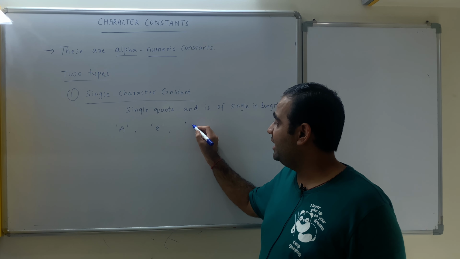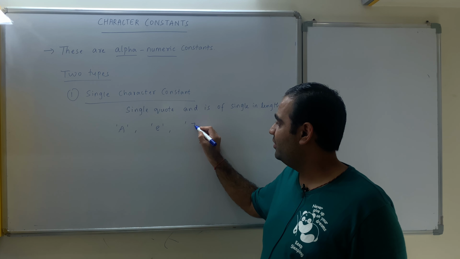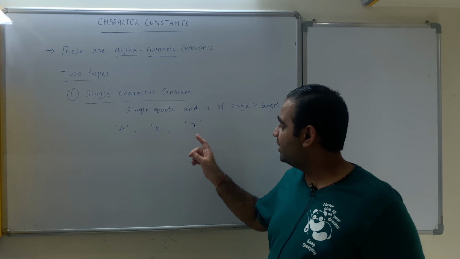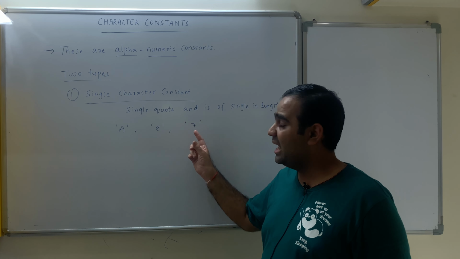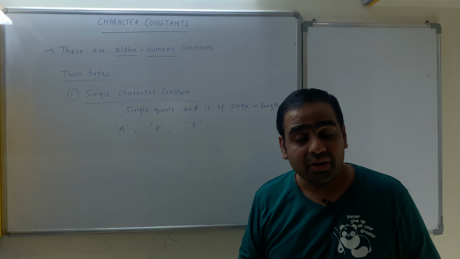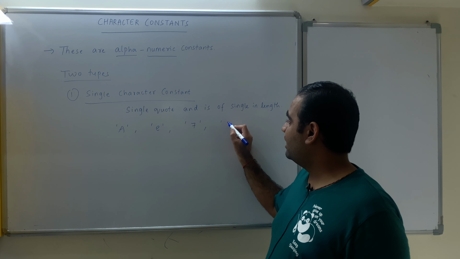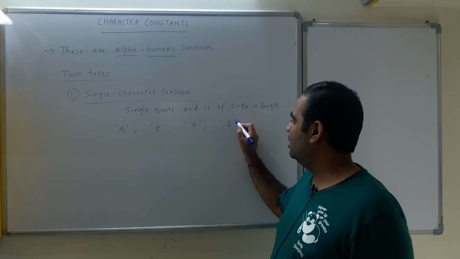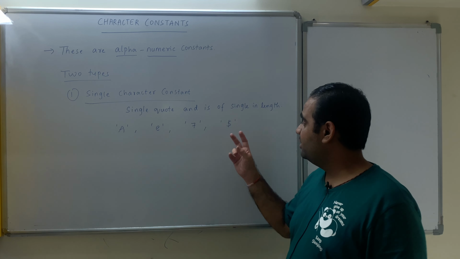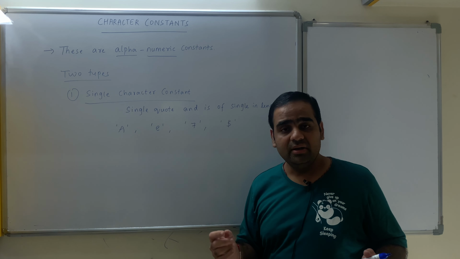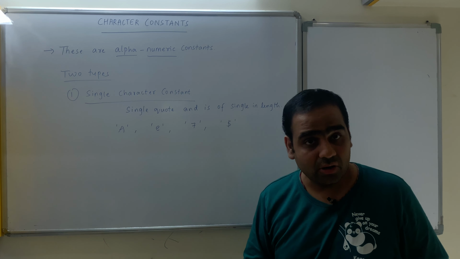We can write even a number, say for example 7. This 7 is written in single quote and is single in length, therefore it is a single character constant. Similarly, we can write hash or dollar in single quote. This is written in single quote and is single in length, therefore it is a single character constant.